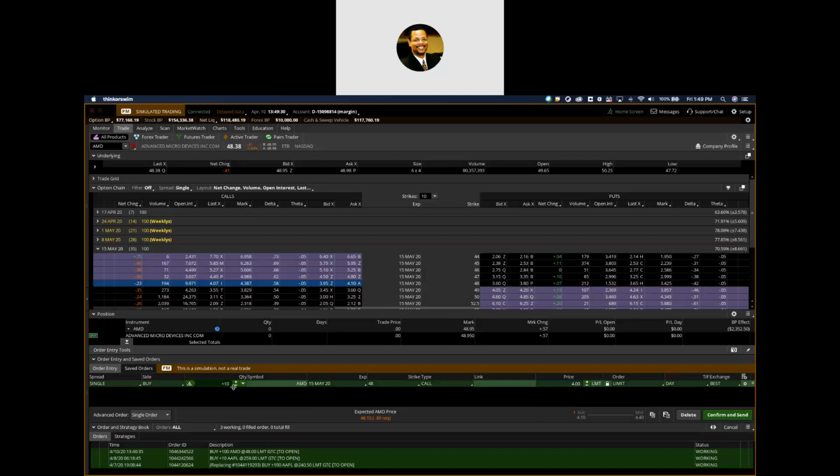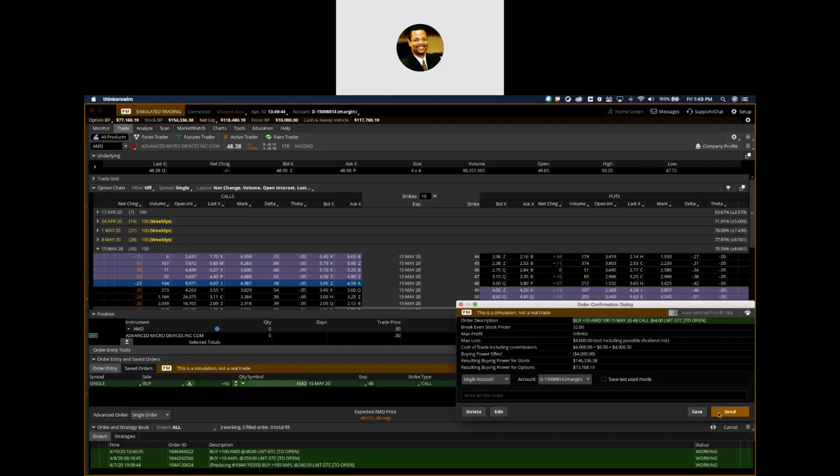Now I could do 10 contracts for the amount, meaning that I would have 10 times 100 or 1,000 shares under my control of the same underlying stock. Now I can have 1,000 shares, same break even point. Now I have 10 times the power for the same amount of money.